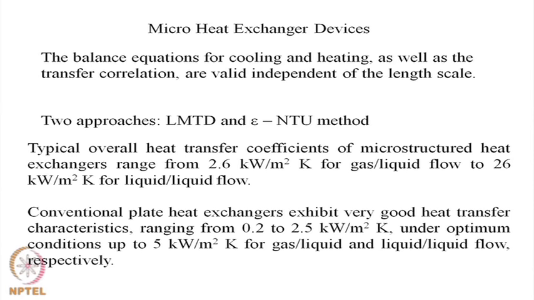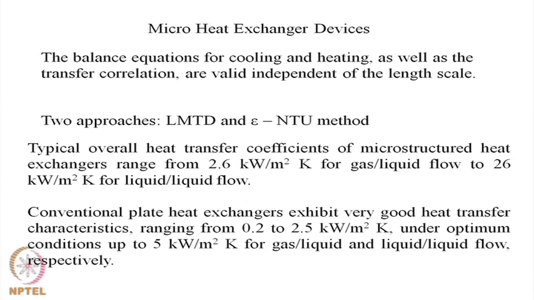Now, if you compare that with the best conventional heat exchangers that we can have, plate heat exchangers, they also exhibit very good heat transfer, but they range from 0.2 to 2.5 kilowatt per meter square per Kelvin under optimum conditions, and maybe up to 5 kilowatt per meter square per Kelvin for liquid flow.